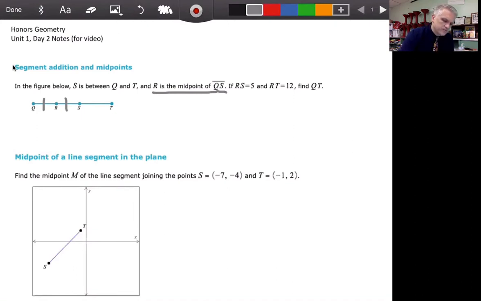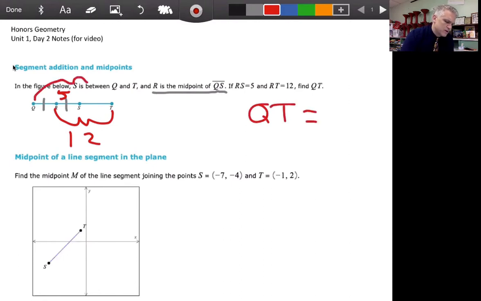So now they give us some measures. RS is 5 units long, so that's this one right here. And it says that RT is 12 units long. Okay, and it says find QT. So QT, the length from Q to T, is this entire segment.